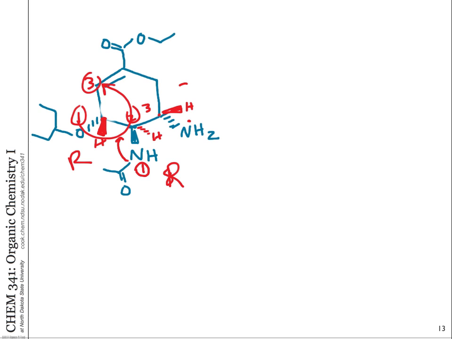So this has S on the right, R in the middle, and R on the left. If you have any one of those stereocenters switched, this compound called Tamiflu no longer influences the influenza virus. It doesn't kill the influenza infection. So drug-like molecules are very, very important.